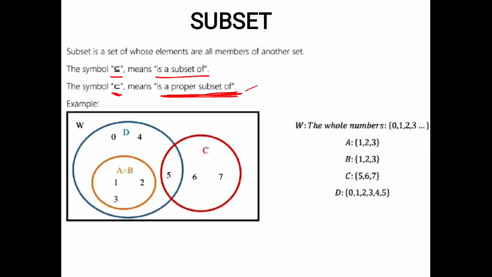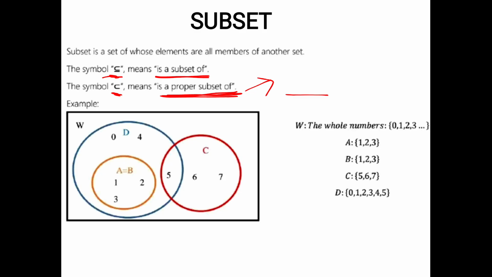So one set must have much bigger elements or value compared to the other set. And when you see this other symbol, it means "is a subset of." So their values can be the same.